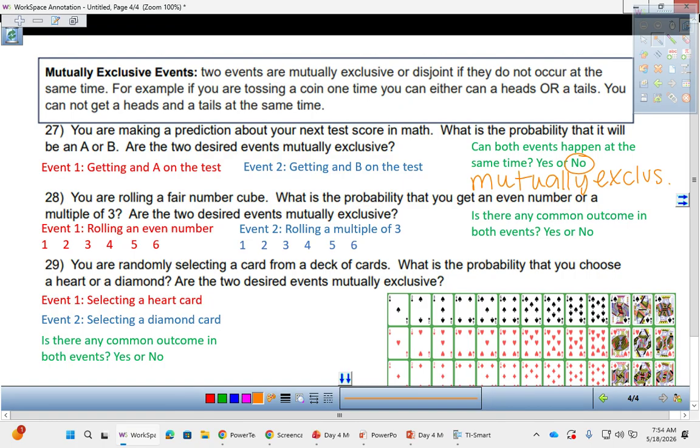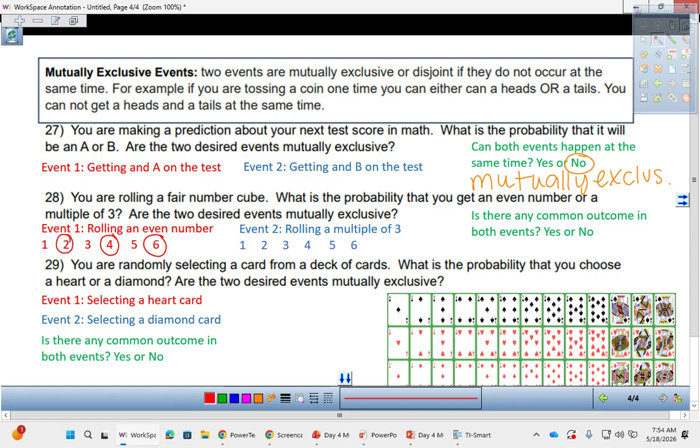All right? So the next one says, you are rolling a fair number cube. What is the probability that you get an even number or a multiple of 3? So I listed out the number cube for us. So let's think about if my first event would be getting an even number. So if this is my number cube, my even numbers are 2, 4, and 6.